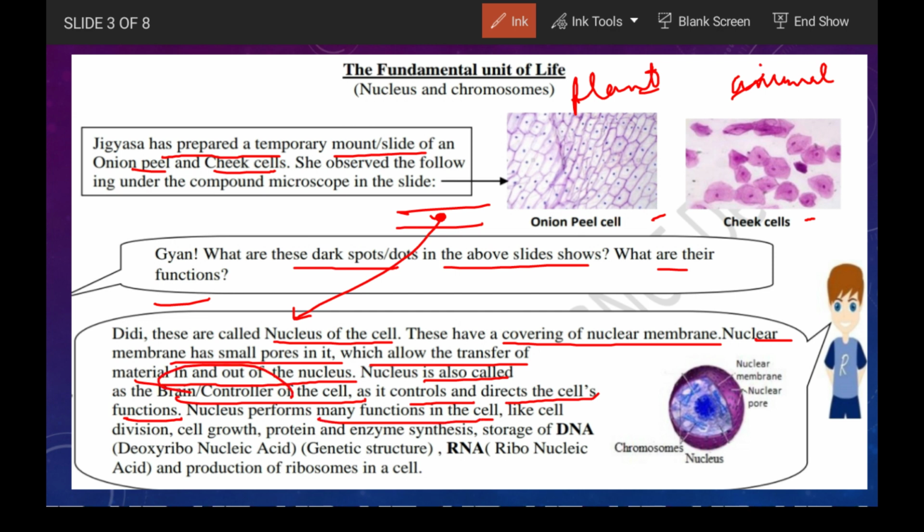It performs many functions in the cell like cell division, how the cell divides, cell growth, protein and enzyme synthesis, storage of DNA, deoxyribonucleic acid, the genetic material, and RNA, ribonucleic acid, and production of ribosomes in the cell. First of all, look here. This is your nucleus, carrying all your genetic material, having your nuclear membrane outside it.